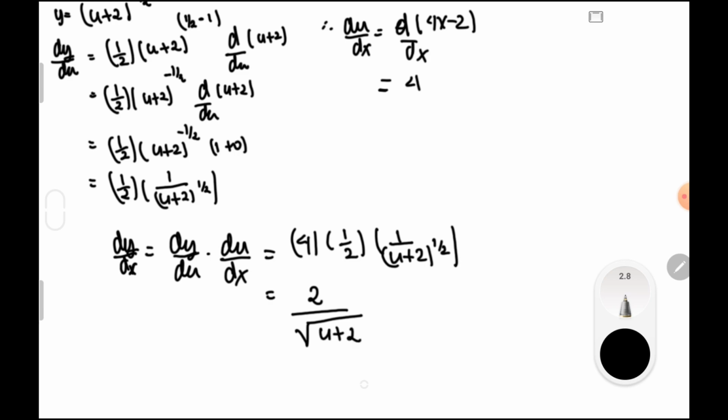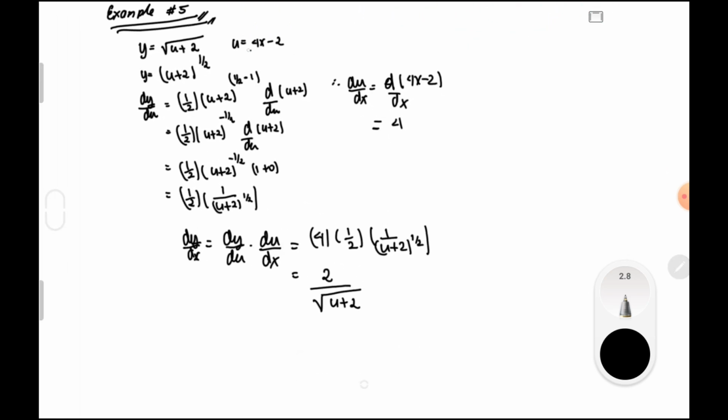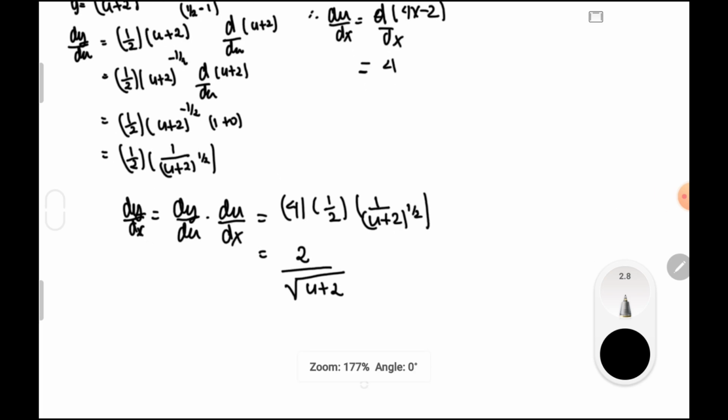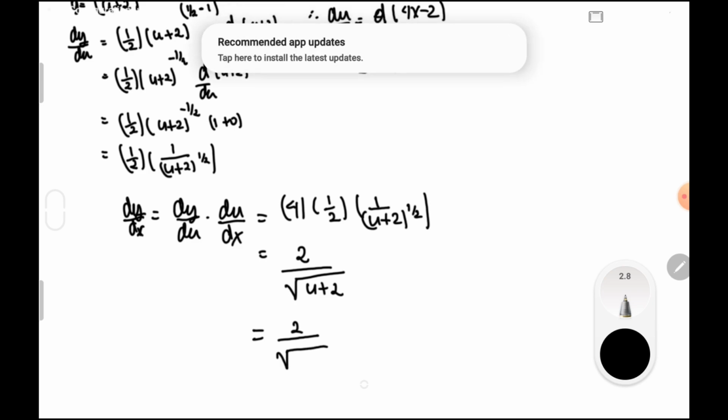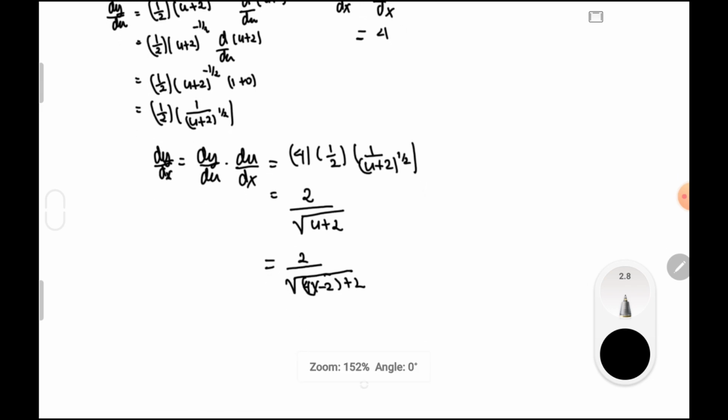Note that our u is equal to 4x minus 2. Okay, so therefore we will have a value equal to 2 divided by square root of 4x minus 2 plus 2, which means you will have a value equal to 2 divided by square root of 4x.